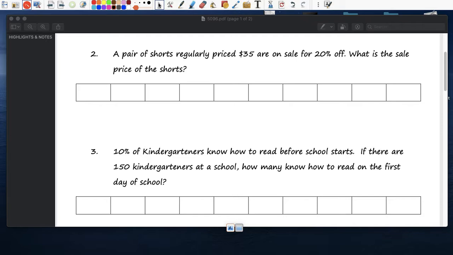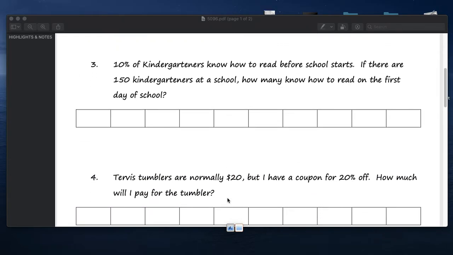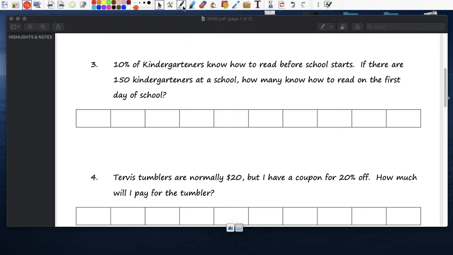Okay, so again, simple questions. Number 3: 10% of kindergartners know how to read before school starts. If there's 150 kids coming in, how many of those can read? Not too many, it looks like. So 20, 30%, and so on. That's 100%.